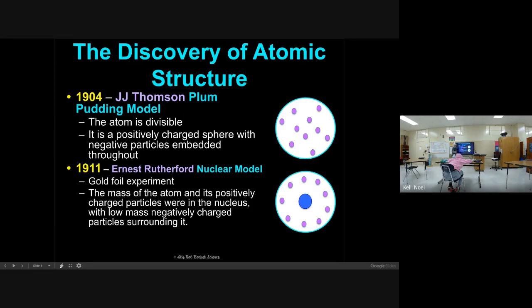Because if you're shooting electrons, which are negative particles, it's going to bounce off of areas that have a positive charge. So all of the positive charges are clumped together in what he called the nucleus, with the negative charges around the nucleus. So we're getting closer to the idea we have today.